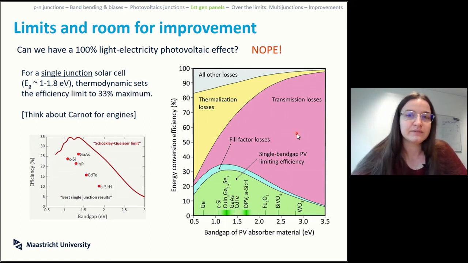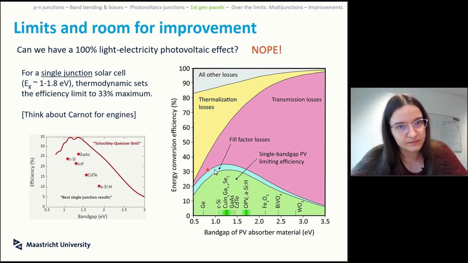Once you get rid of this very large amount of contribution to your efficiency, you're left with this type of green bell that you see under here, and you can see that the bell, as with a lot of these losses, changes with the energy of your material. So how big is your band gap? This changes how much you are actually able to convert in terms of photovoltaics.